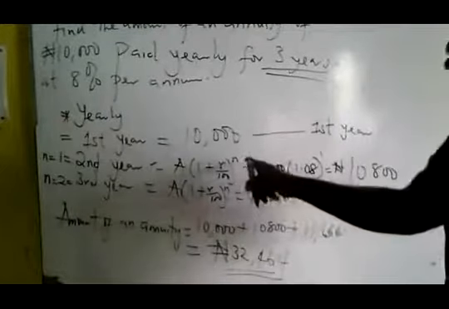So it's going to be raised to the power of 1. Now, for the third year, it will be raised to the power of 2. If I have a fourth year, that will be raised to the power of 3. If I have a fifth year, raised to the power of 4. You have to be very smart there. But since I said it ended after 3 years, you add up everything. So this is how much it is.